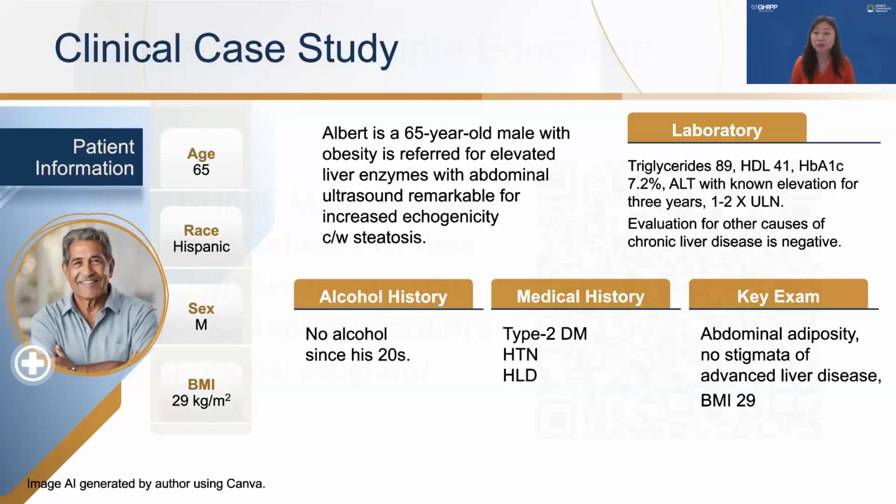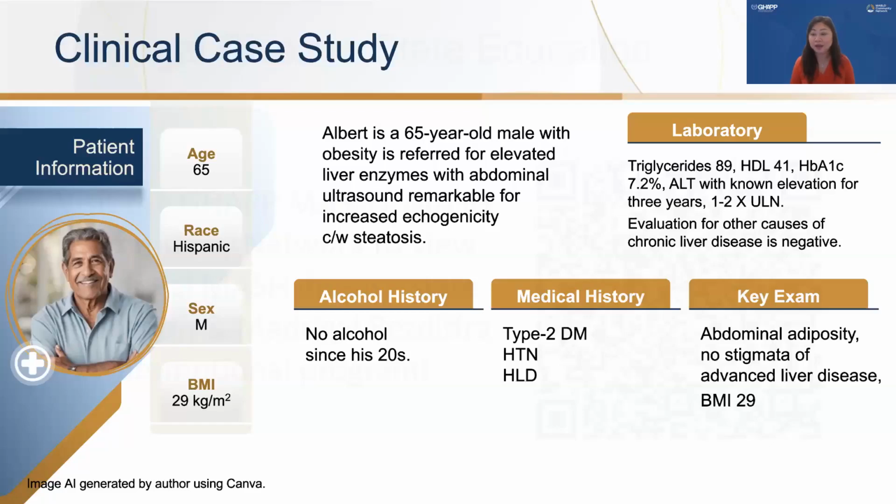His labs show triglycerides of 89, HDL 41, hemoglobin A1C 7.2. His ALT has been elevated in the last 3 years, between 1 to 2 times the upper limit of normal. His evaluation for other causes of chronic liver disease is negative.